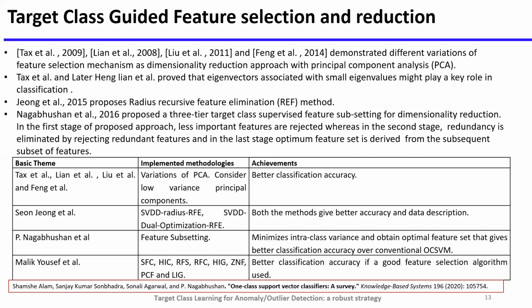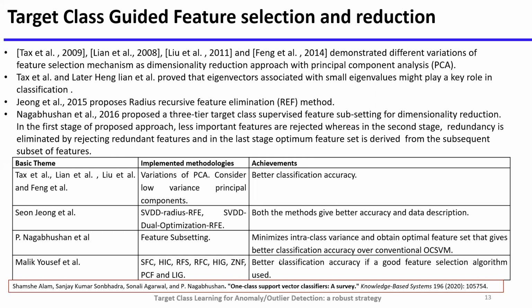Like if I talk about LIG, it is low information gain, then random feature selection is RFS, then random feature from feature cluster. So all these techniques have been proposed.